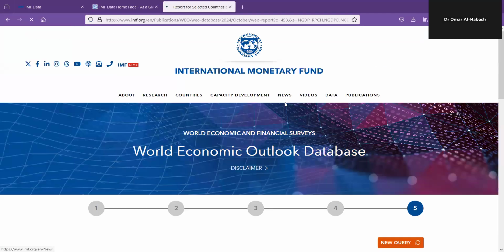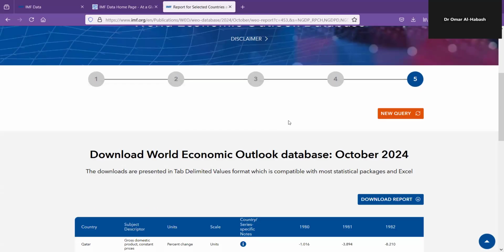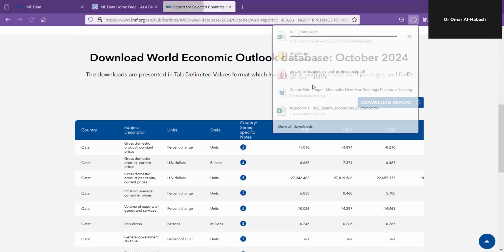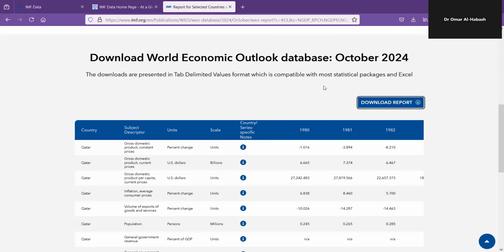Okay, prepare report. Download report. The first thing you see here is that we have some missing data from 1980 to 1989, and then you'll have all the data, and it tells you here estimate figures after 2023.